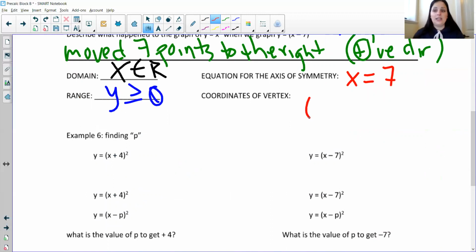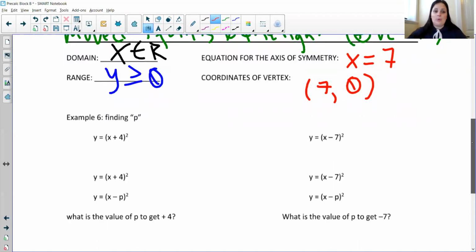Now, without even looking at my parabola, I know the vertex is when x is 7 and y is 0, because the axis of symmetry is 7, which means the vertex has to have 7 as the x part of the coordinate, and I know the range is y has to be greater than or equal to 0, which means the vertex happens when y equals 0, because that's the minimum or the maximum point.